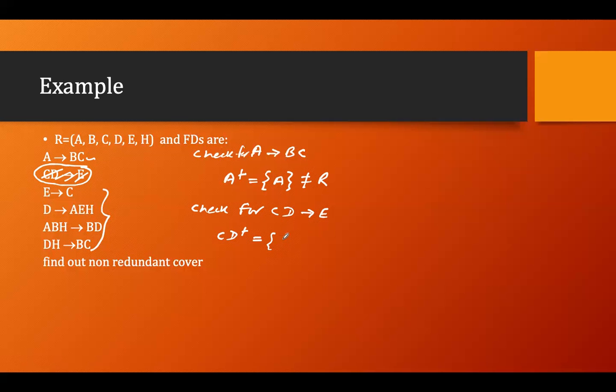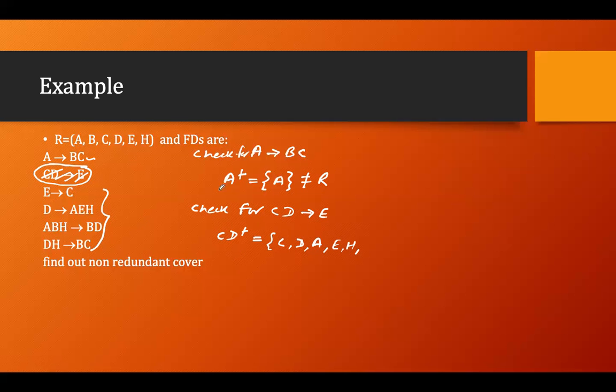So CD closure, C and D will come in the set. Then we have to look at whether C is determining anything. C is not determining anything. Is D determining anything? Yes, D is determining A, E, H. Now is A determining anything?